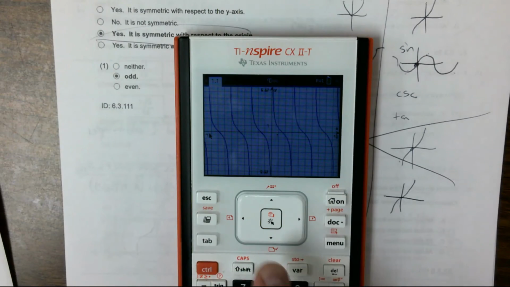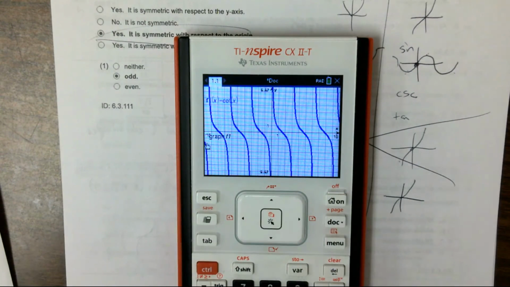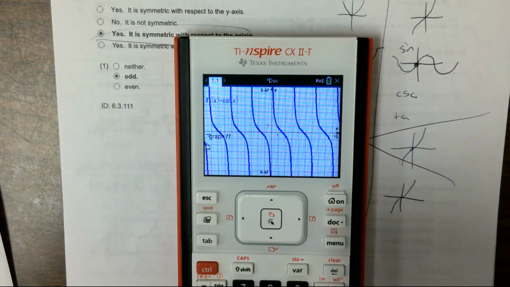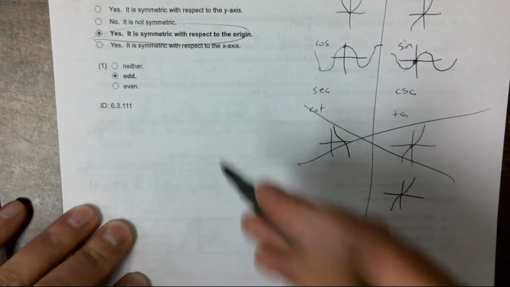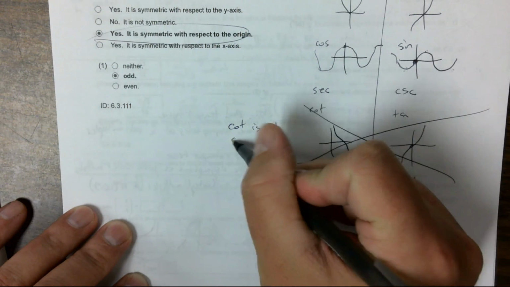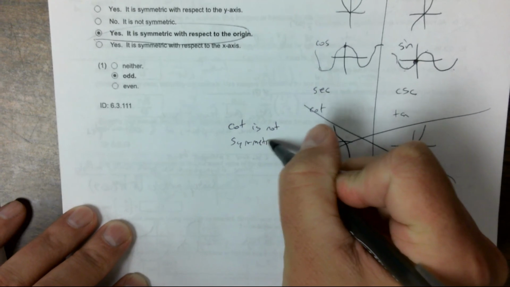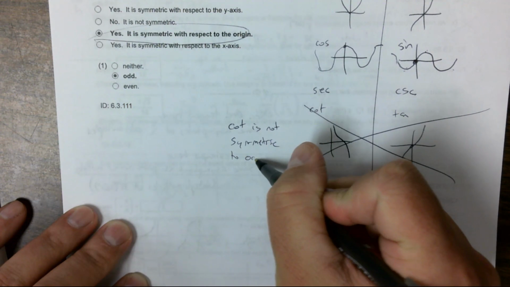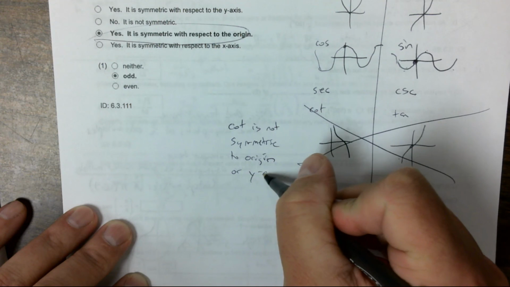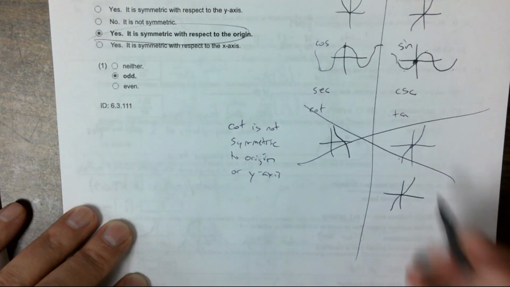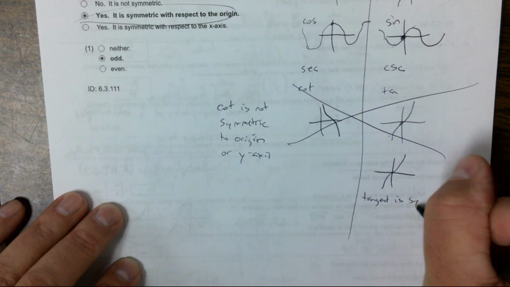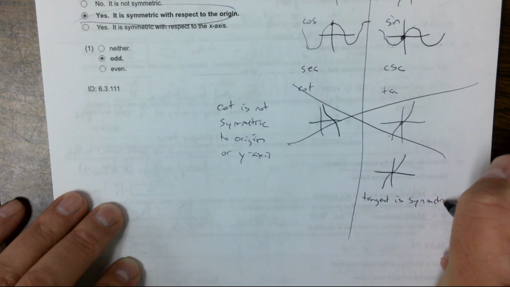So I guess watch out if you get cotan, because that's definitely not symmetric to either one. Cotangent is not symmetric to the origin or the y-axis. Tangent is symmetric to the origin.